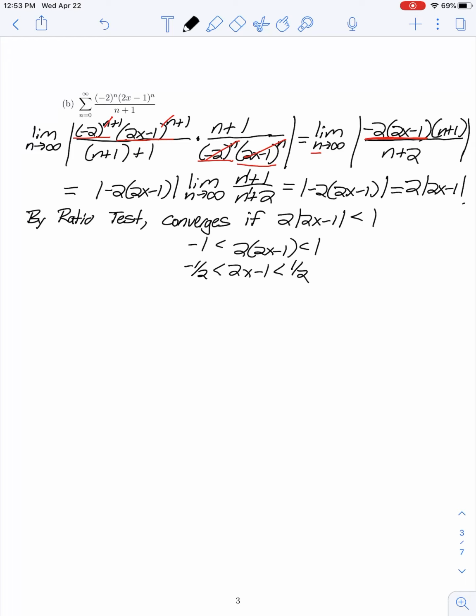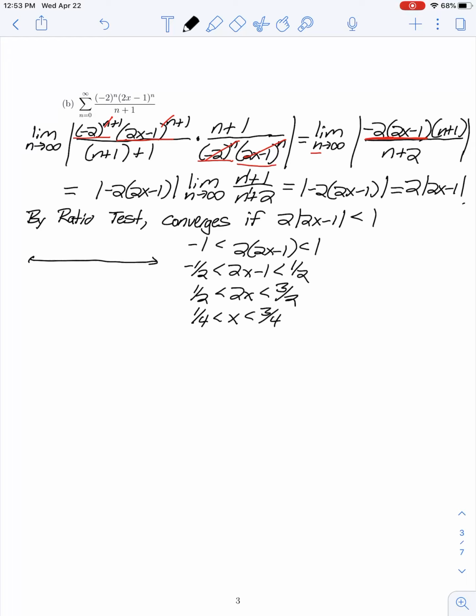So adding 1 throughout, I have 1/2 is less than 2x, which is less than 3/2. And lastly, dividing through by 2, I would have 1/4 is less than x is less than 3/4. So again, we're working with that third case for our interval of convergence.